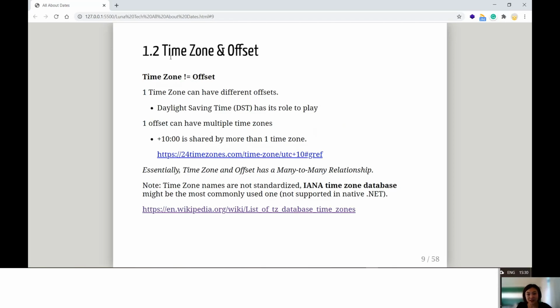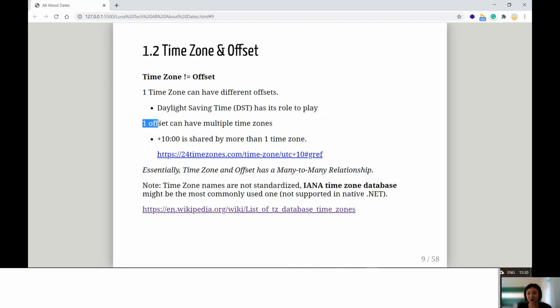Okay, so I mentioned the time zone and offset are not the same thing, because one time zone can have different offsets, since we have daylight saving time, and one offset can obviously have multiple time zones, right? So when you talk about time zones, it can get very confusing because daylight saving times actually change every year, and sometimes governments choose to change it just 1 year after, right?